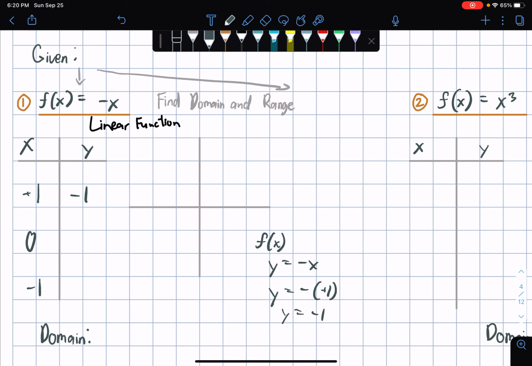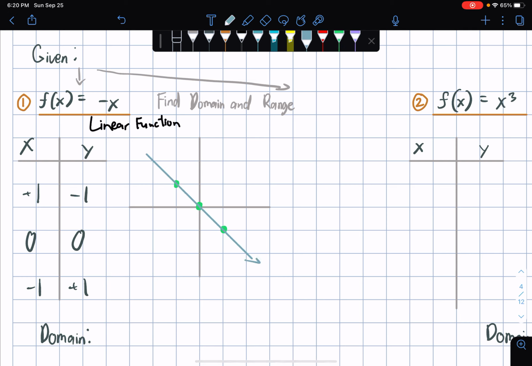With x as 0, y is 0 also. With x as -1, y becomes positive 1. So we get something like this. And if we graph it, this is 0, 0, this is -1, and this is +1. We graph it, and you get something like this.